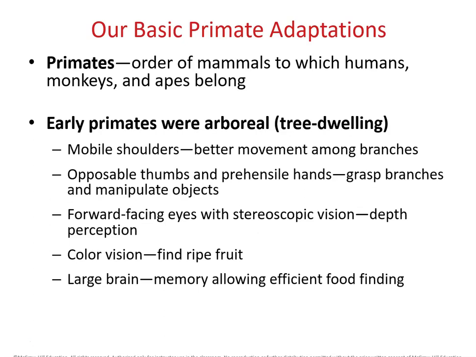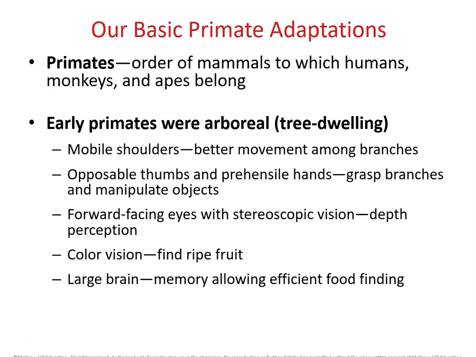Evidence for this: mobile shoulders, okay? Think about how big of a circle your arm can move in. Dogs can't move their shoulders, cats can't move their shoulders anywhere near the range of motion that humans have. And that comes from our ancestors being able to move from branch to branch in trees.